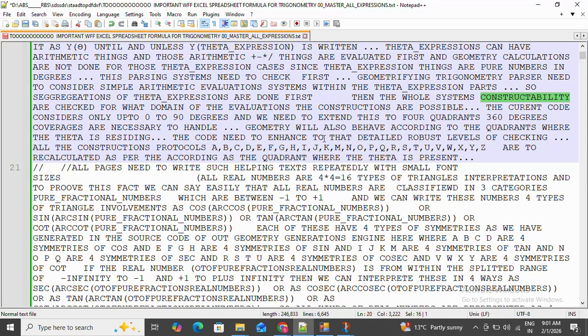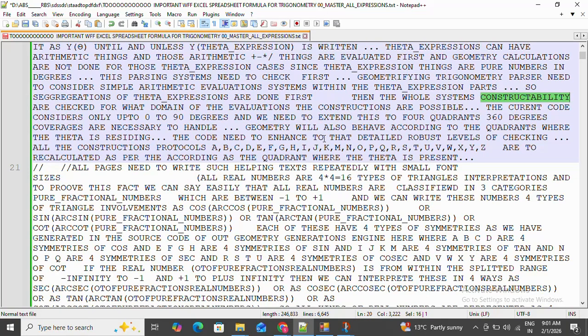The current code considers only 0 to 90 degrees, and now we have extended it to 0 to 360 degrees in version 17. The previous code in version 15 was working only up to 0 to 90 degrees. Now our system is extended to 0 to 360 degree simulation, covering the four quadrants, and these things are done.